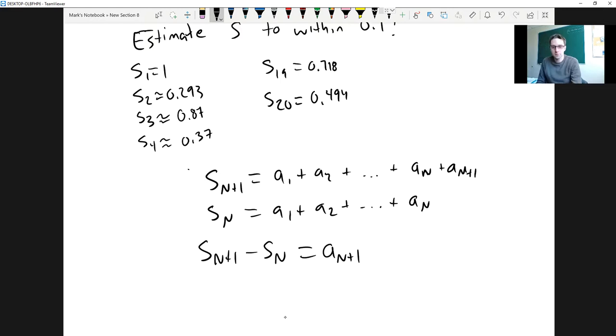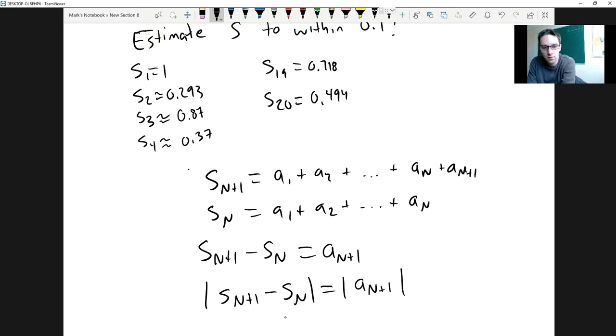Agreed? And so in particular, the width of that interval is equal to the absolute value of that last term. Okay?